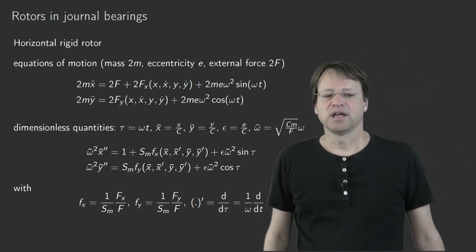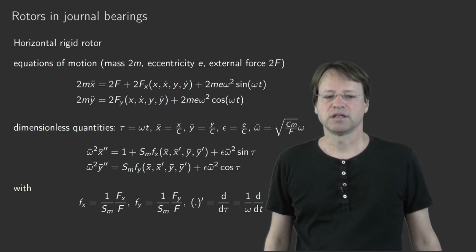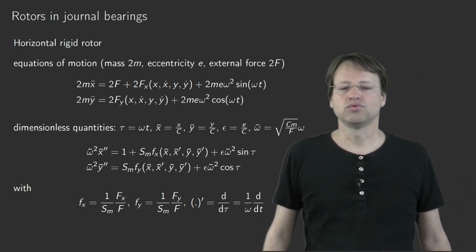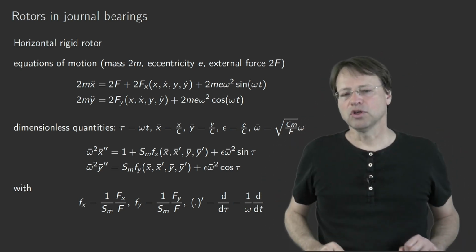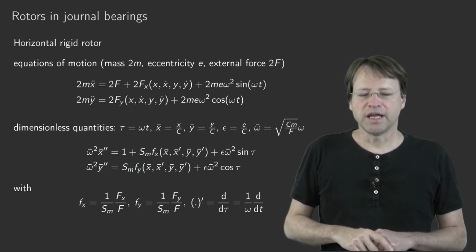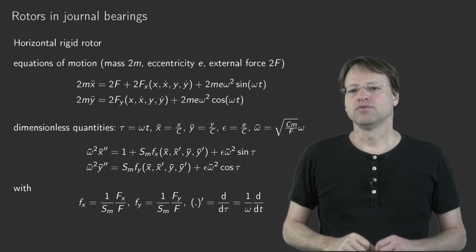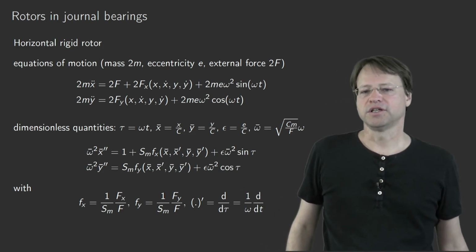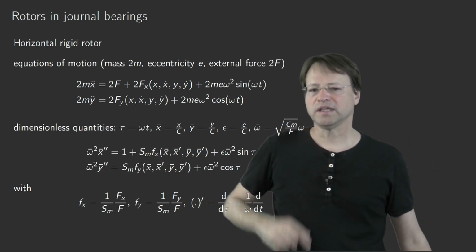And now in this way we are able to introduce the displacements delta x and delta y from the equilibrium. When we do this, there's one quantity that we will lose, much the same as if you consider the vibrations of a mass in a gravity field and you set your level to 0, you will lose the inhomogeneous term of the excitation, the constant term in the excitation, the one here.